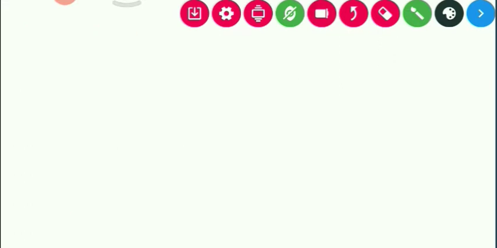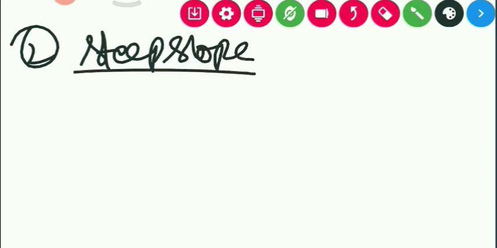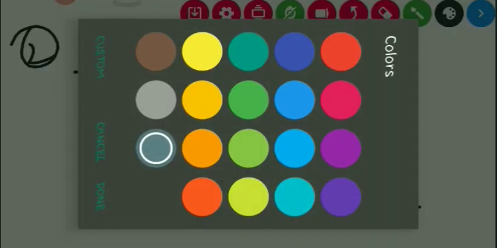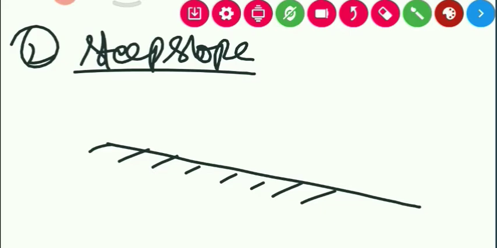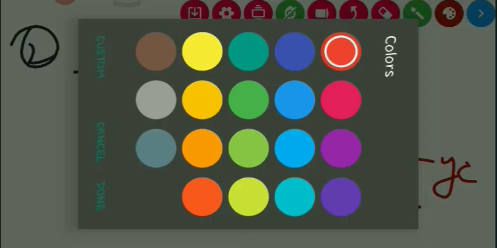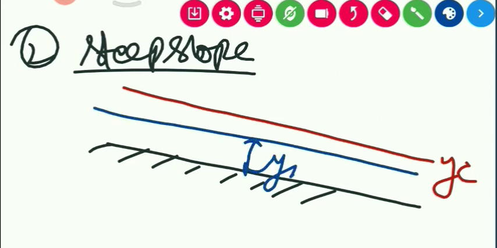Similarly for steep slope, here if this is the critical depth, then the normal depth of the flow will lie below this.